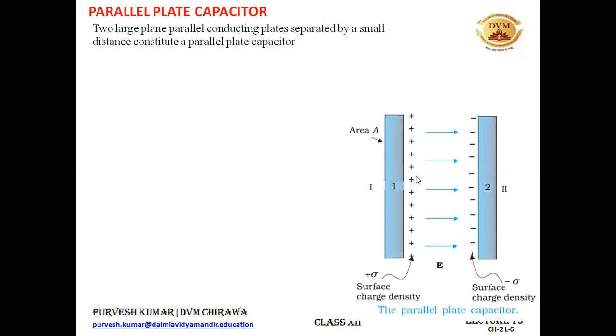So this is a parallel plate capacitor. If someone asks you what a parallel plate capacitor is, you just have to say that two plane conducting plates separated by a small distance make a parallel plate capacitor.